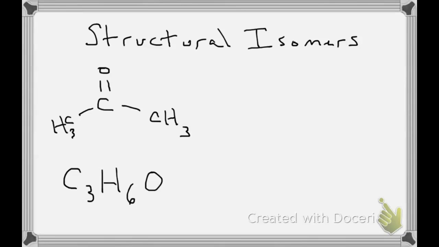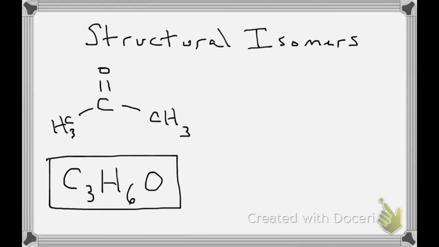But the one thing that must be true is that if something I write is truly going to be a structural isomer of acetone, I have to use all of those carbons, all those hydrogens, and all those oxygens. I can't use any more or any less.